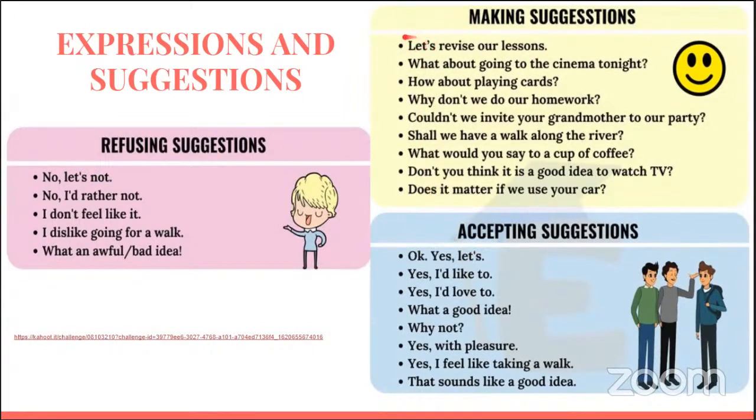Remember, sometimes whenever you are using a modal auxiliary in a phrase, you also have to respond with the same one. Here, what about going to the cinema tonight? No, I'd rather not. And this is the contraction of I would, right? Or you can say, yes, I'd like to.